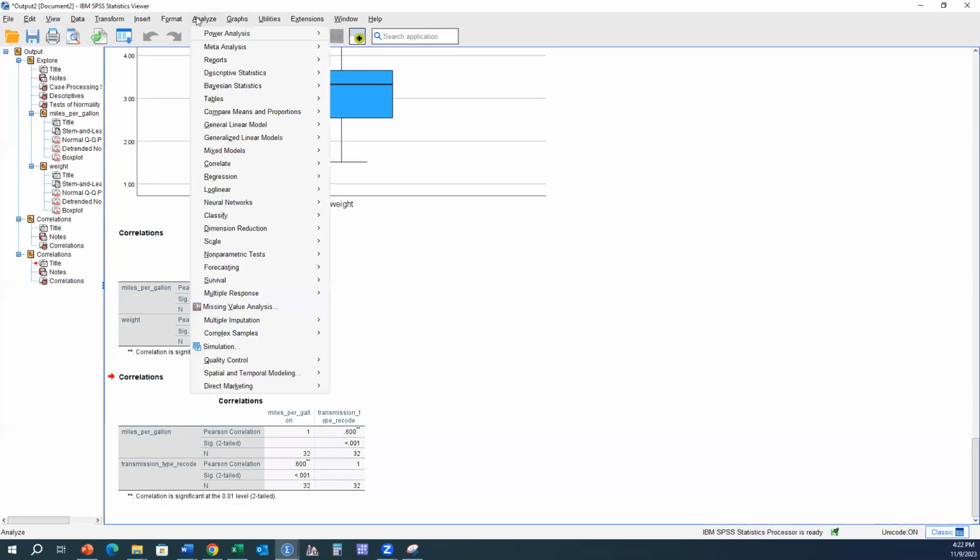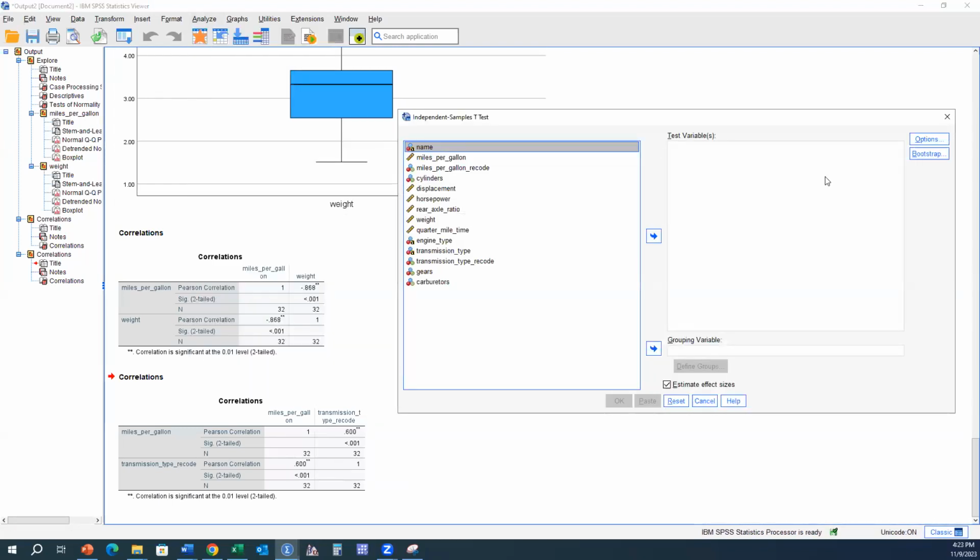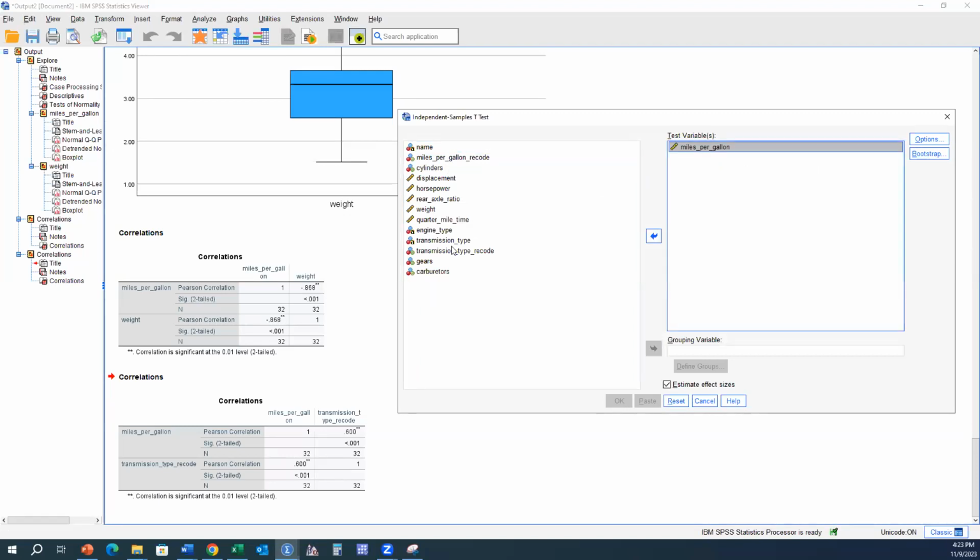It's going to give you far more detail, and I can show you that here. We'll go to compare means and then independent sample t-test. We'll set it up very much in the same way. We'll put mileage up here, and we'll put transmission type down here.